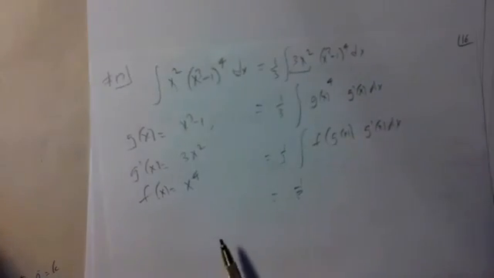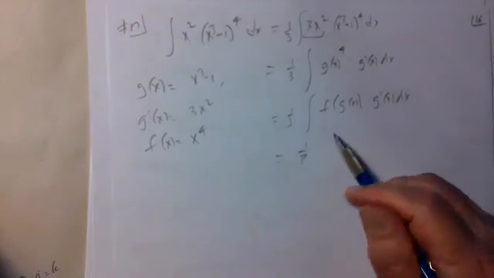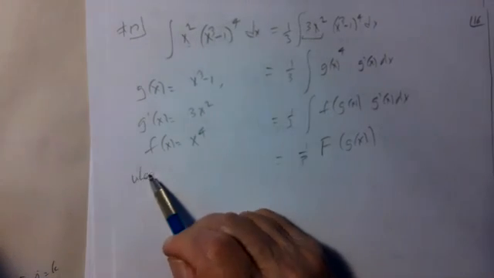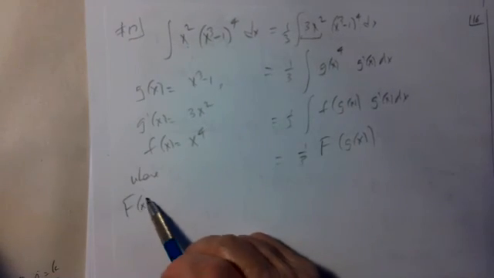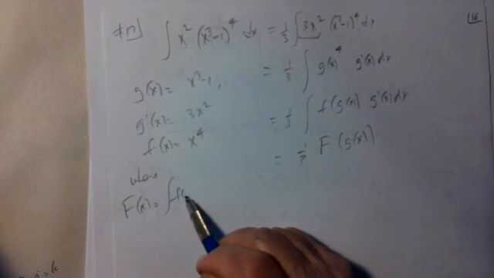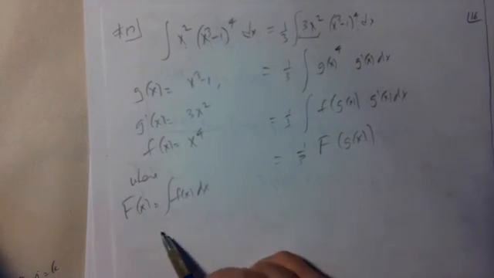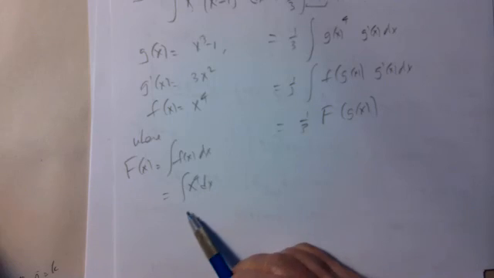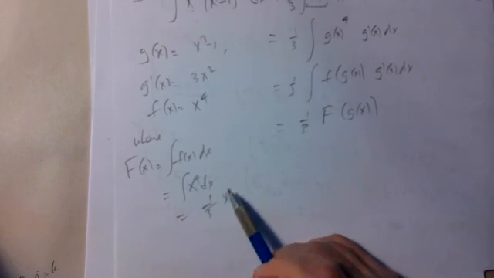And this is going to be 1/3 capital F of g of x, where what is capital F of x? It's the antiderivative of little f of x, which is the antiderivative of x to the 4th, which is 1/5 x to the 5th.